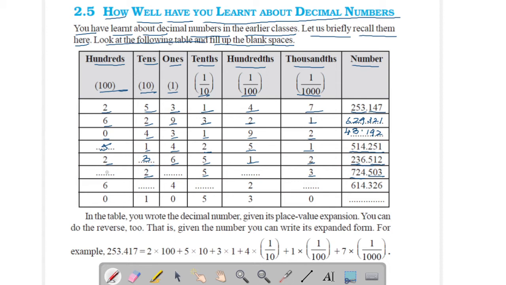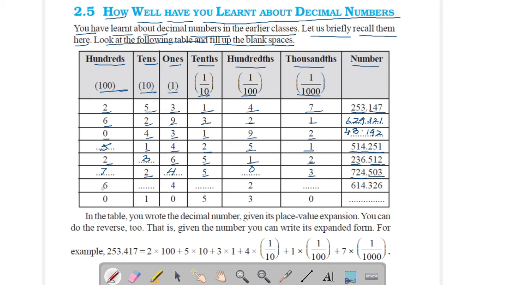It is 7. Write down here 7. Then next dash is ones. What is ones here? It is 4. Write down here 4. And then next is hundredths. What is the hundredths place? It is 0. Write down here 0. This is your answer.